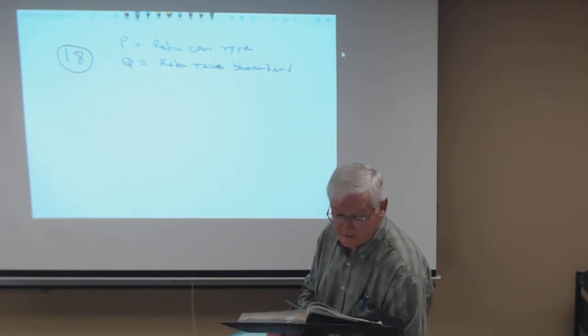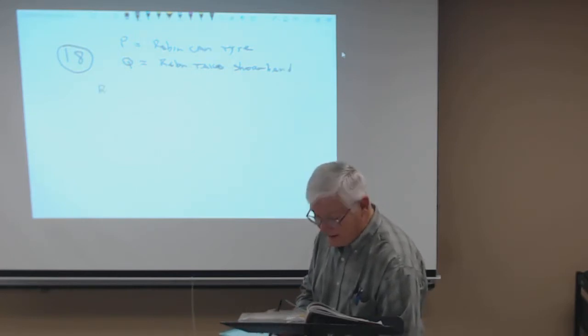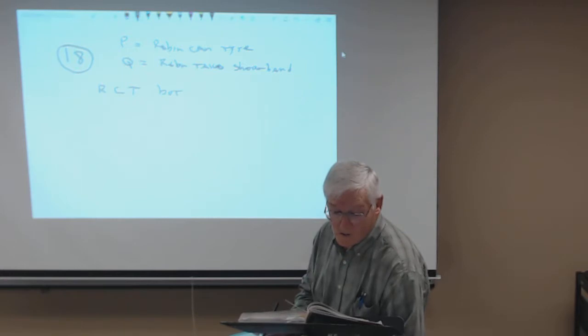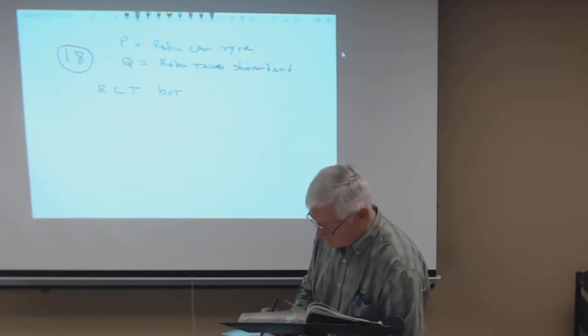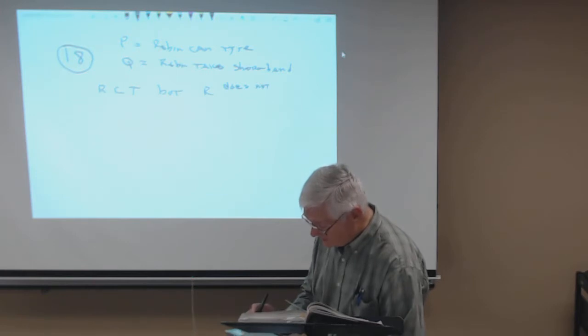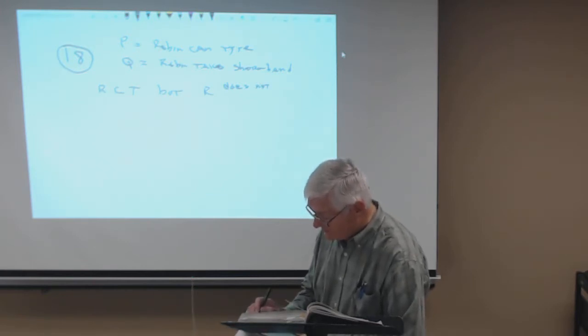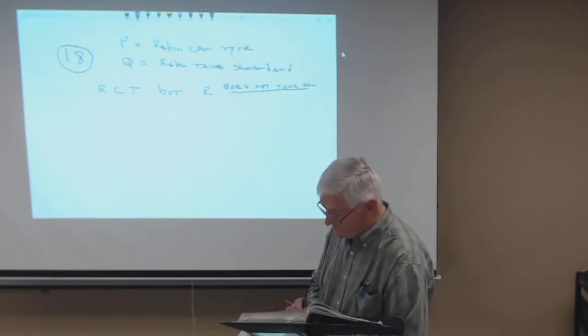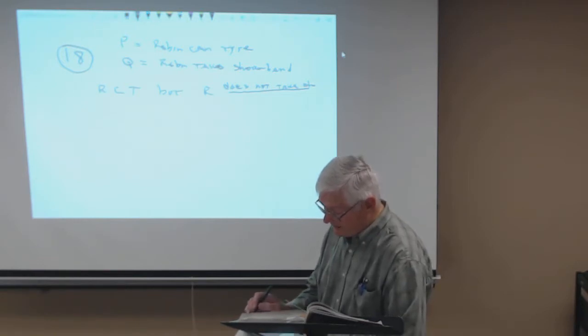Number 18 says, Robin can type, but Robin does not take shorthand. Now, how am I going to say does not take shorthand?